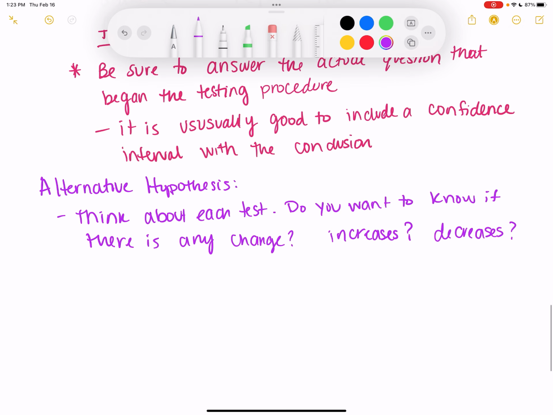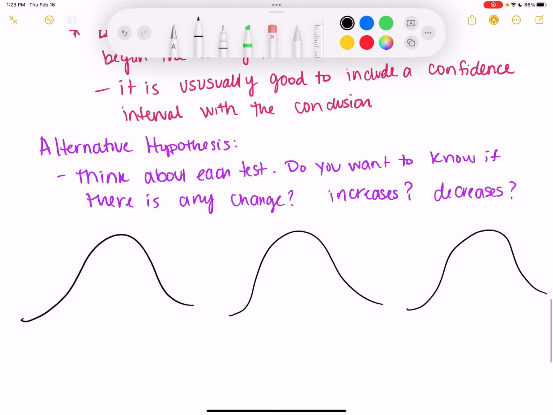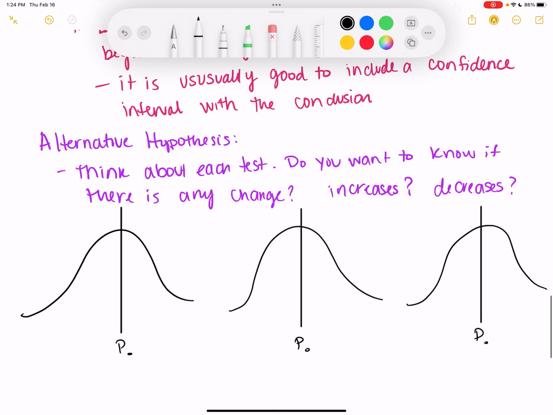Depending on that helps you choose which test. So I'm going to do 3 separate little curves here. I'm going to write something under each of them. So this is our P0, the mean value. Then I'm going to draw each of the scenarios and then explain what they mean.